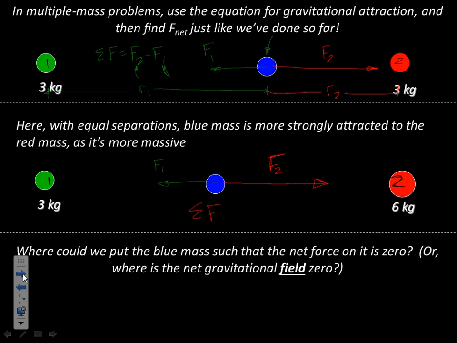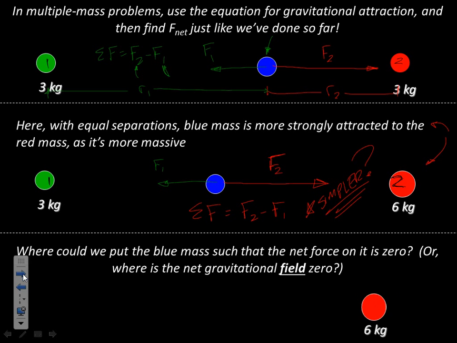Again, we would say that the net force is F2 minus F1. Can you write that more simply? Using what we know here and what I've told you about the masses. Come back tomorrow with a simpler expression for that.